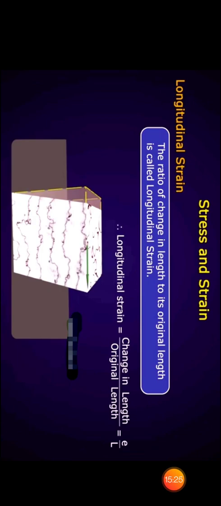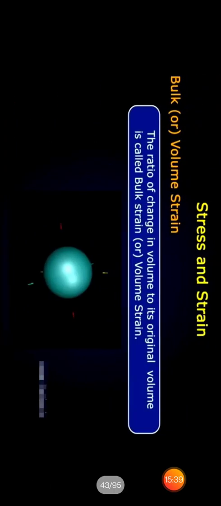Here the change in length is denoted by delta L, upon capital L, that is the original length, as shown in the figure. But note that in longitudinal strain, the stress is always perpendicular to the surface of the body, as shown by the arrows.